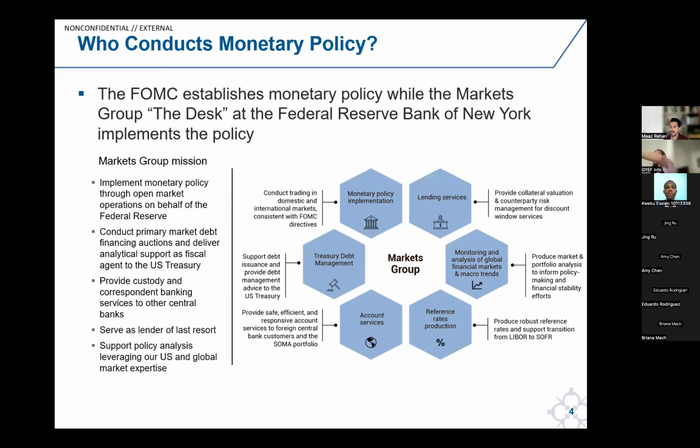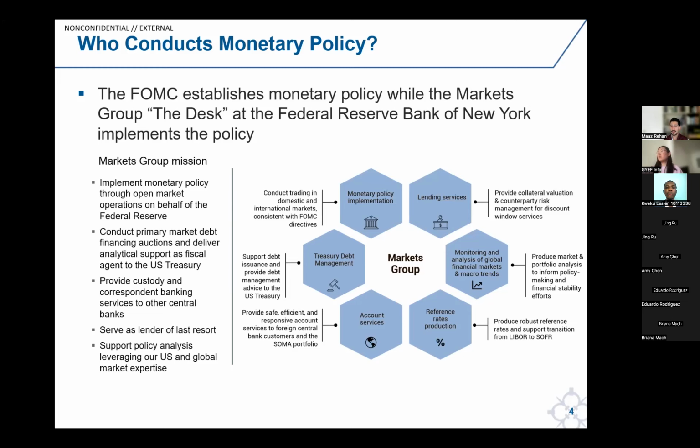So at the bank, there is a group or a function called the markets group, among many other functions and groups, and we have a slew of responsibilities. The area within the markets group that implements monetary policy is referred to as the trading desk, or more commonly just the desk. So you can read pieces and it will refer to the desk, meaning the trading desk at the New York Fed.